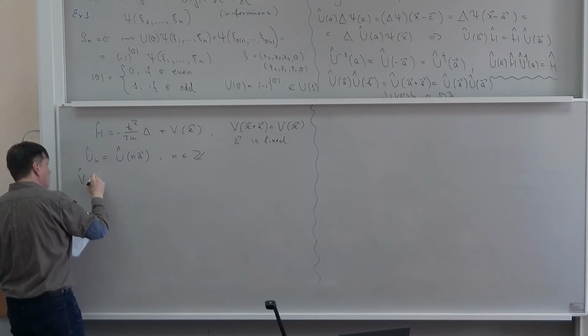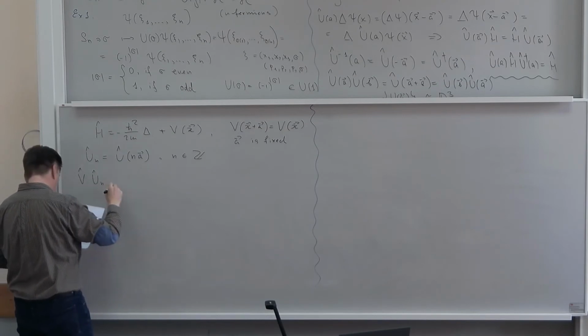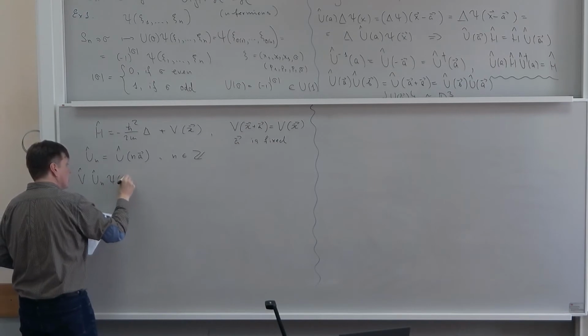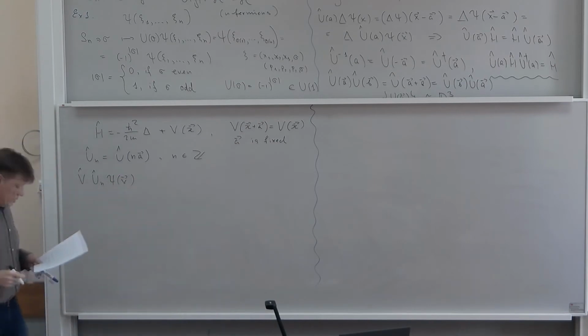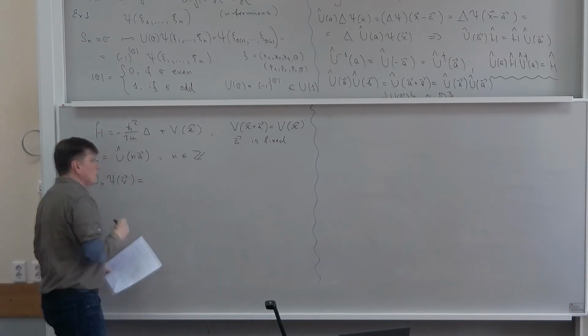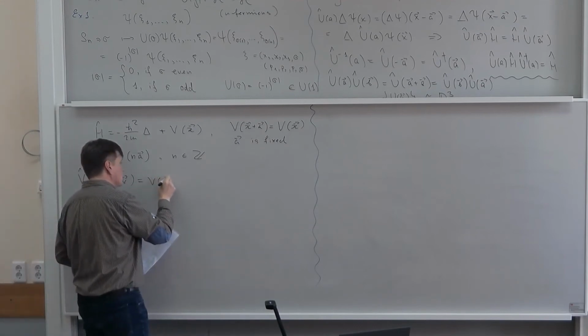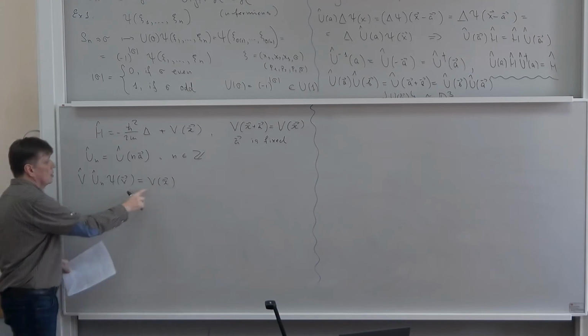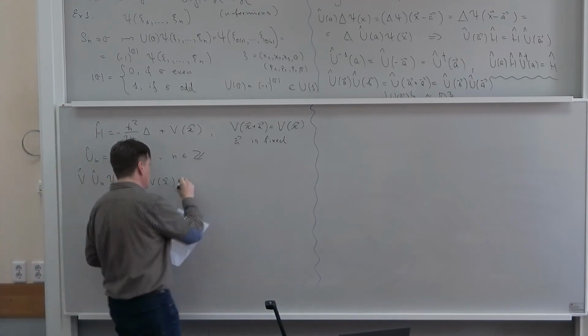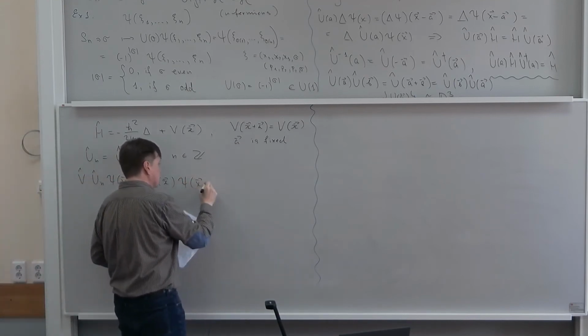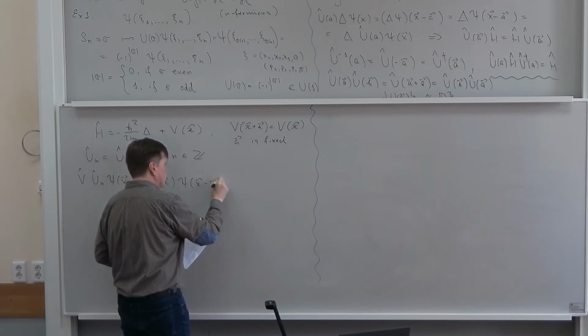V times U_n applied to a wave function psi. By definition, it is given by multiplication by the function V of x times psi of x minus nA.